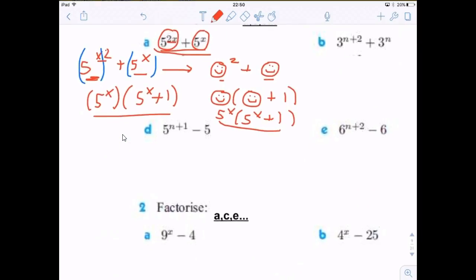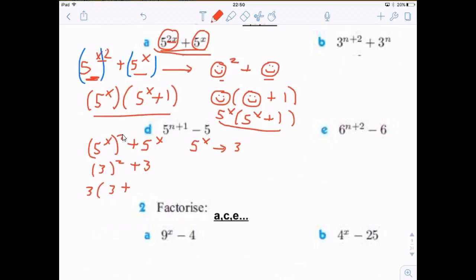The other thing that you might want to do, if you don't like the happy faces, is replace it with a number. So if I have 5 to the x squared plus 5 to the x, let's say I'm going to replace my 5 to the x with a number like 3. So now I'm just going to have 3 squared plus 3. Now if I'm going to factor this, I would say 3, and then I would factor the 3 out of 3 squared, so I'm left with 3.